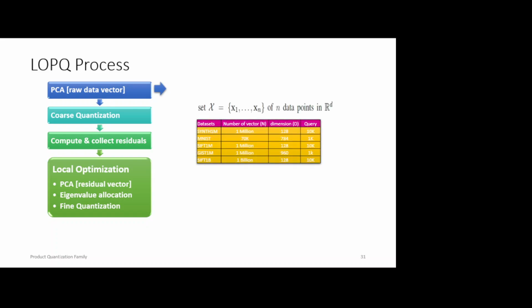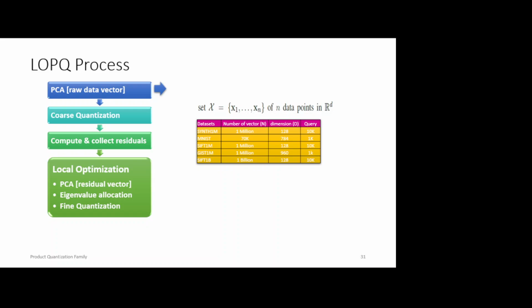Now let us review the LOPQ process. There are 4 steps. The first step is, when you take the raw data vector, we perform the PCA first.